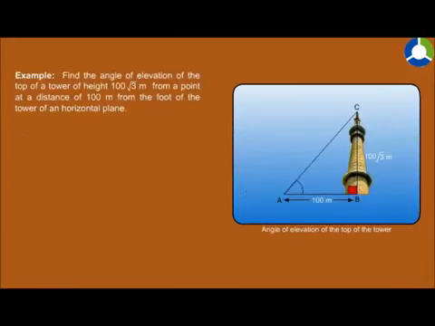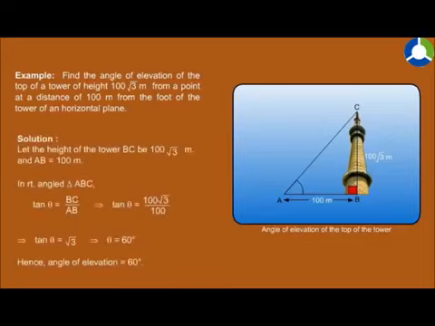Example: find the angle of elevation of the top of a tower of height 100 root 3 meter from a point at a distance of 100 meter from the foot of the tower on a horizontal plane. Solution: let the height of the tower BC be 100 root 3 meter and AB equal to 100 meter.